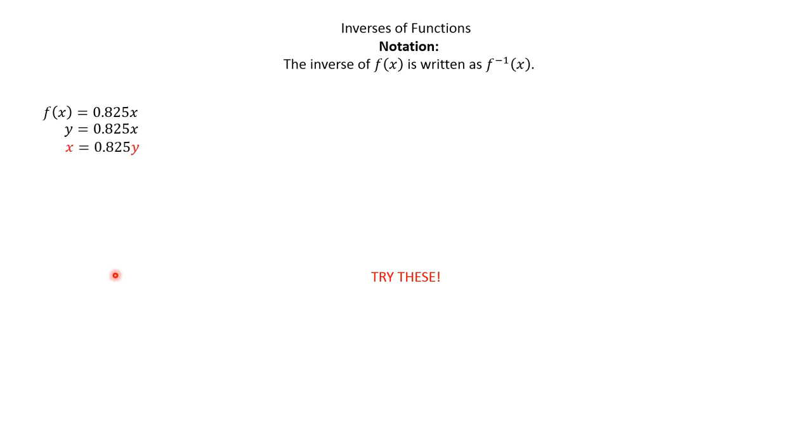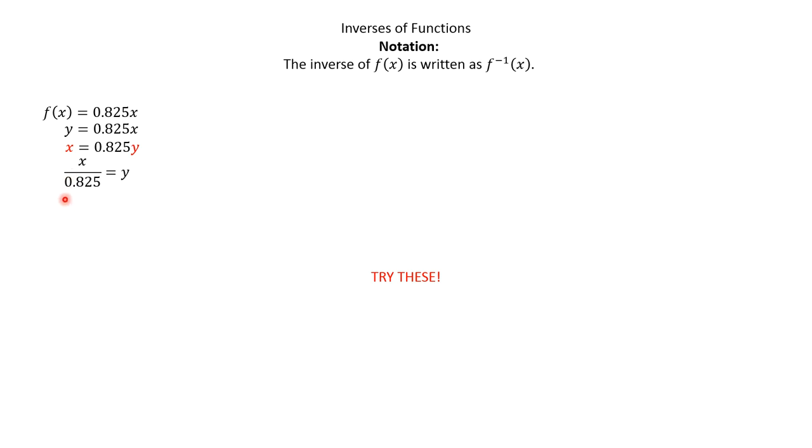So we have x equals 0.825y. Well, we don't like our functions to look like x equals. We like them to look like y equals. So now that we've flipped the x and y, we just need to solve for y. Well, right now we have 0.825 times y. We need to divide by 0.825.